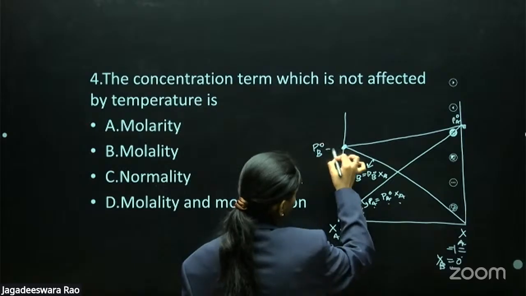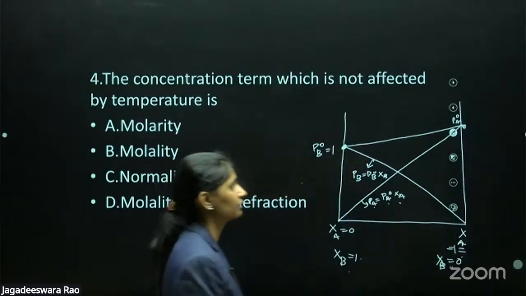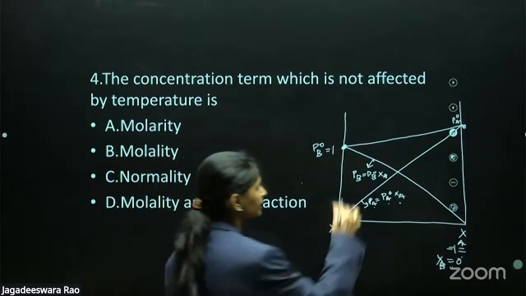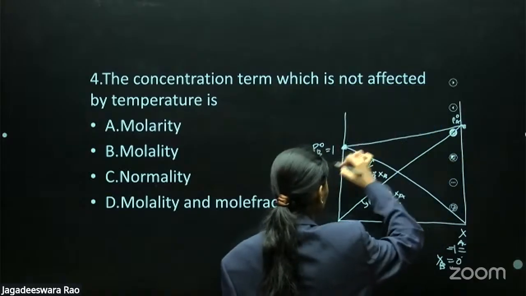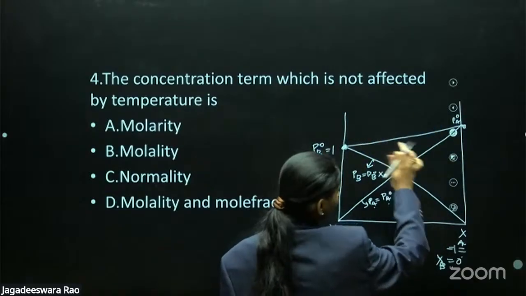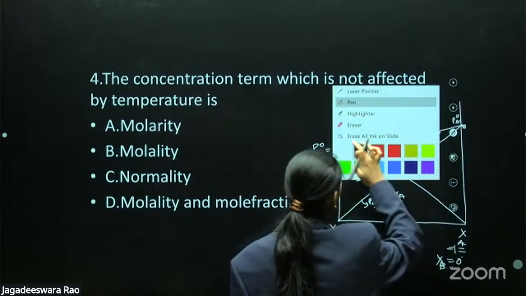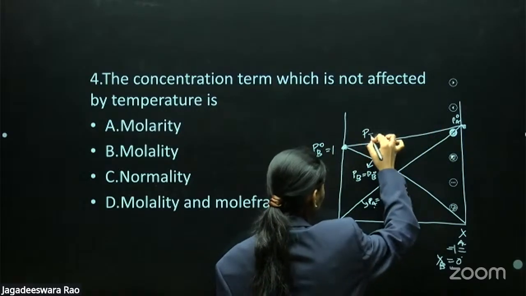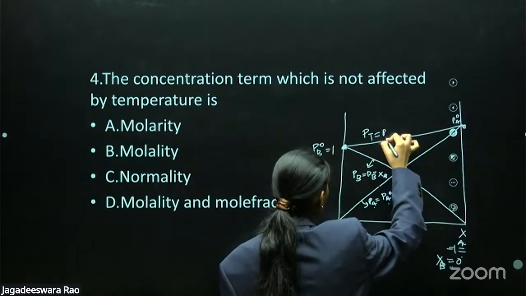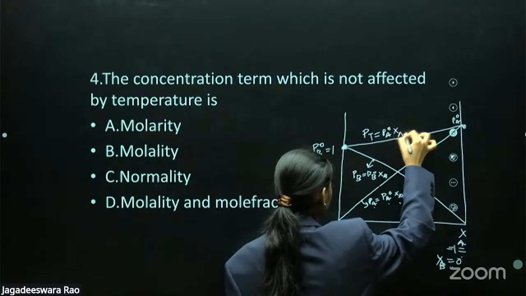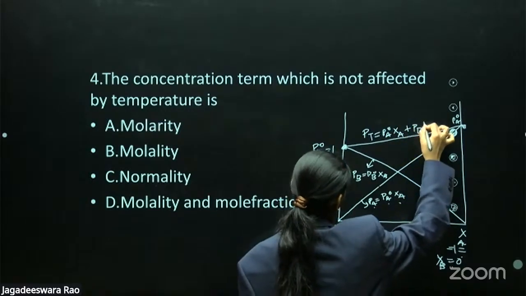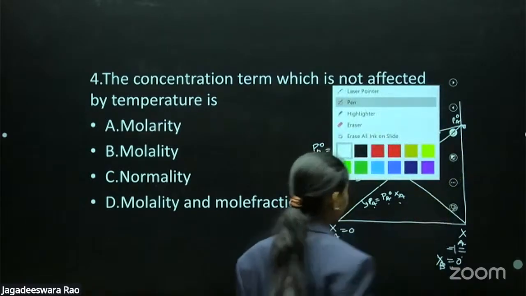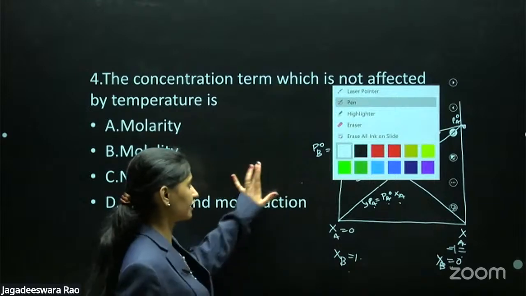Then when you join these 2 points, you get the total, that is P total. So the P total graph is this, which is equals to PA naught XA plus PB naught XB.